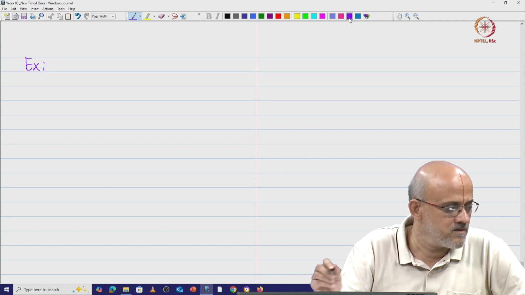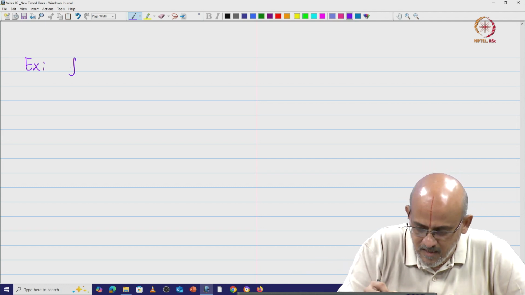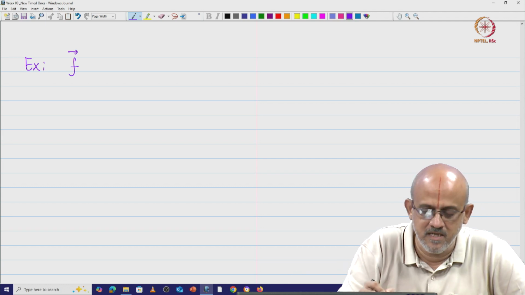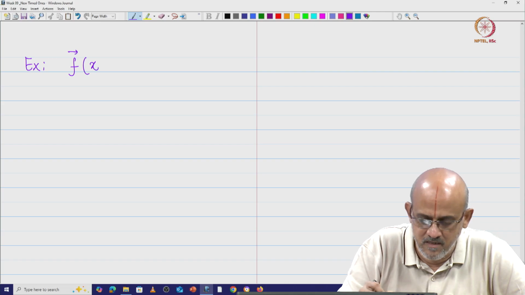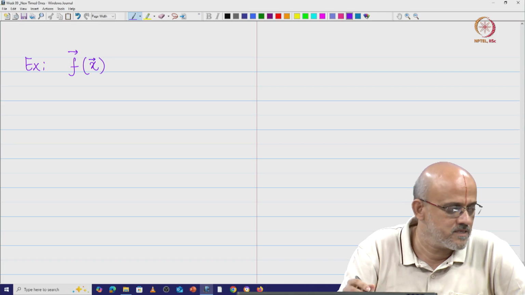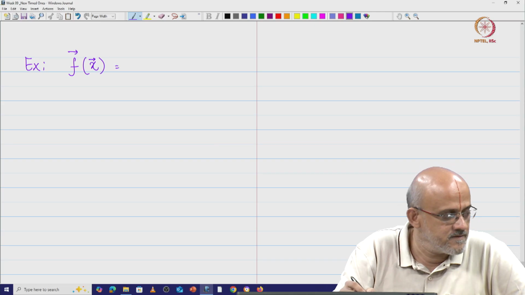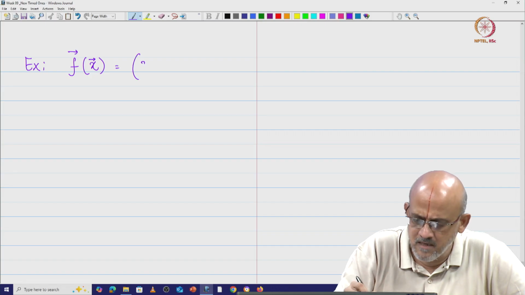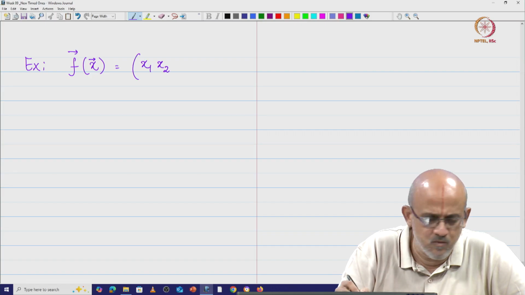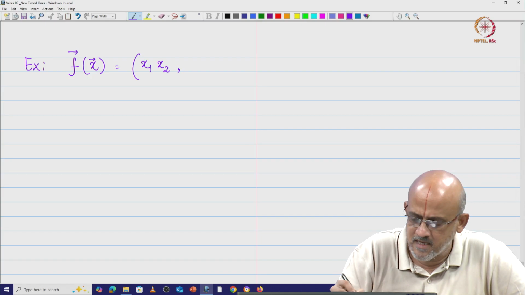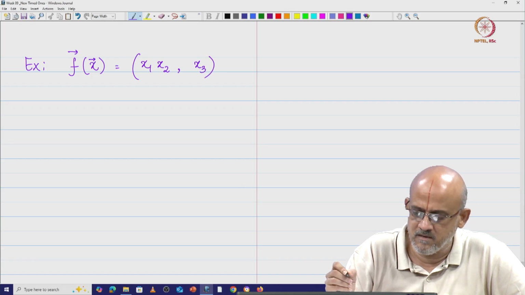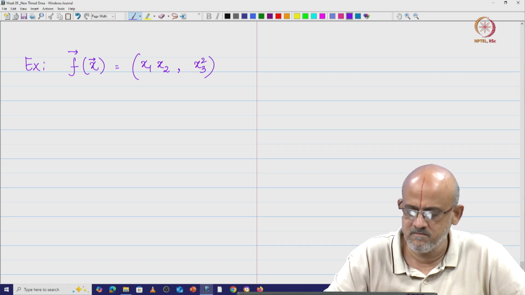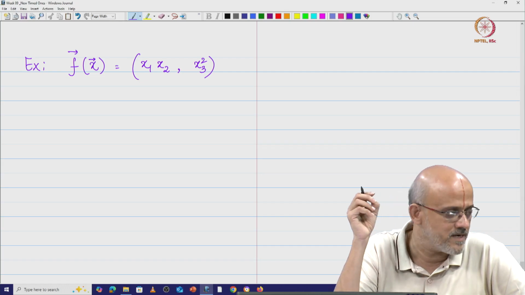So, what is the example we are going to look at? I am going to take a function f that is itself a vector valued function. It takes inputs x 1, x 2, x 3, and the output is x 1 x 2 and x 3 squared.